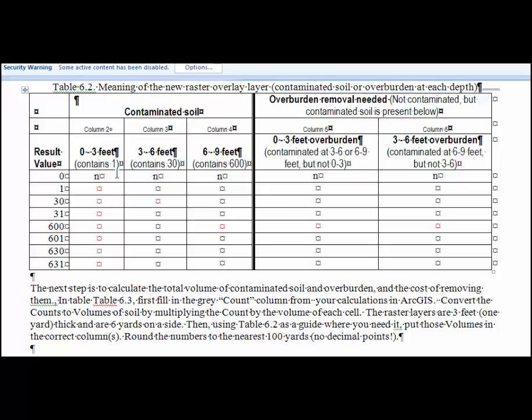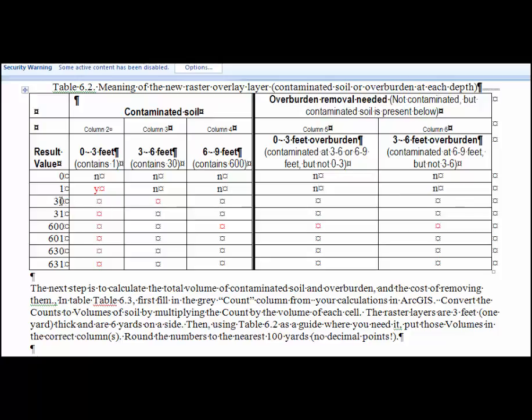So contaminated soil, yes. And if it's a 1 by itself, it doesn't have any other depth involved, and so those are no's. Now, is there overburden? Well, if my 0 to 3 foot layer, my top layer, is contaminated, there's no overburden because there's nothing above it, and we don't have anything below it.